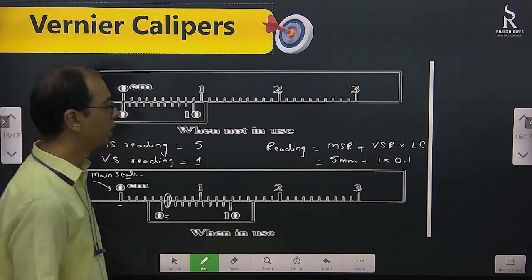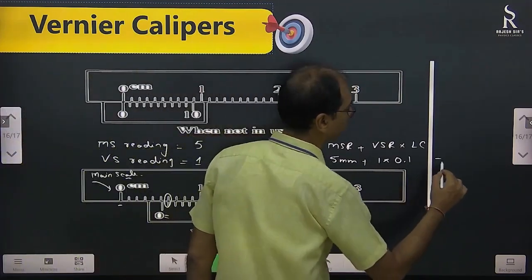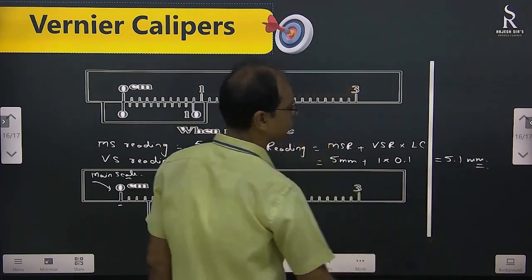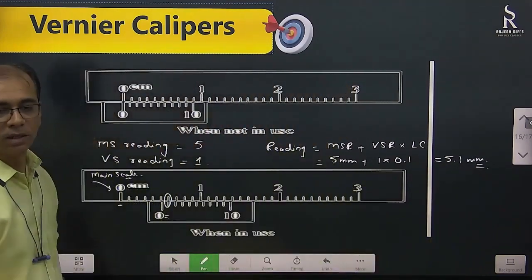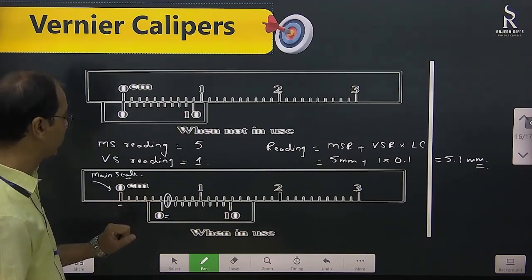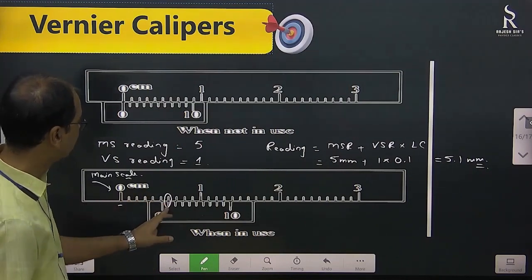So the answer is 5.1 mm. Check it again: main scale reading 1, 2, 3, 4, 5, and the Vernier scale reading is 1.